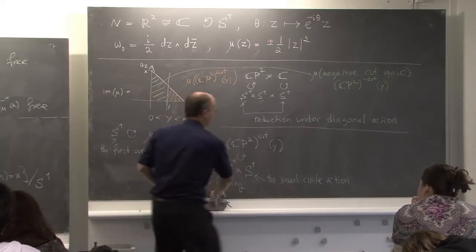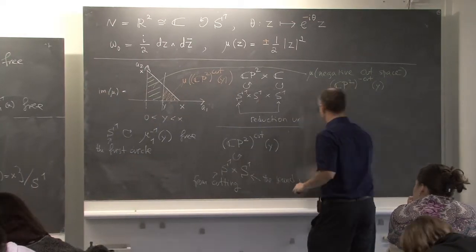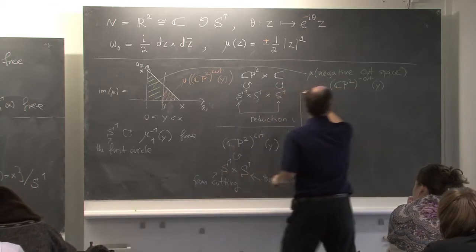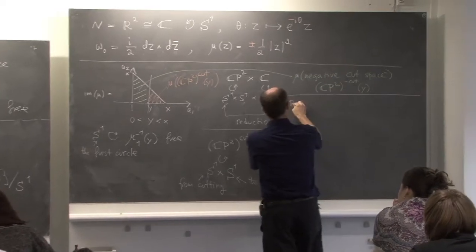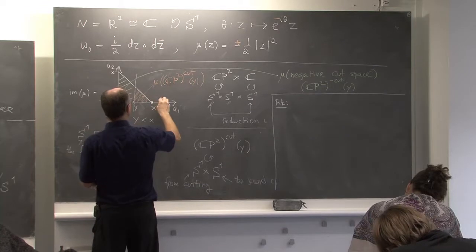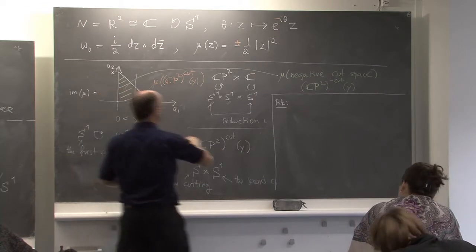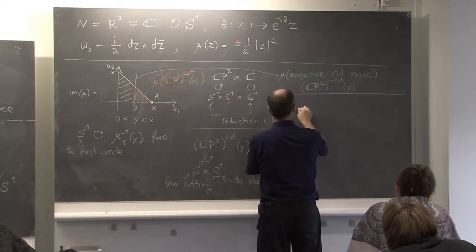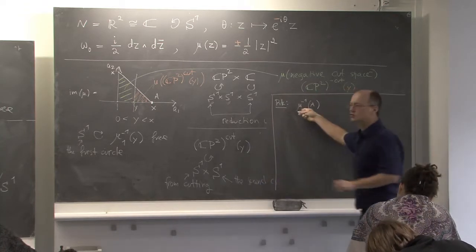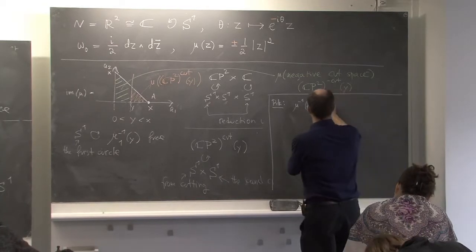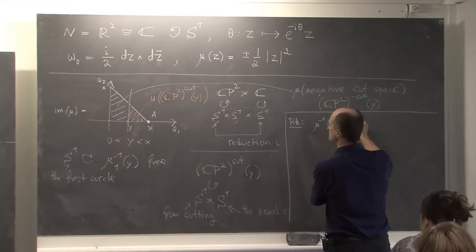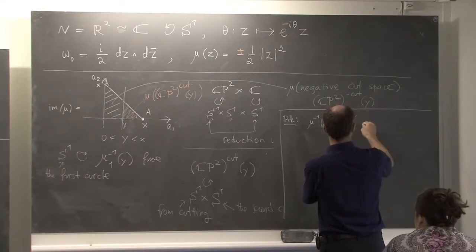Let me just say 2 words about it. Let me call this point A. Already in CP2, mu minus 1 of A, this is exactly one point of CP2.